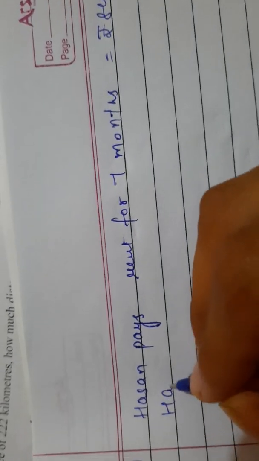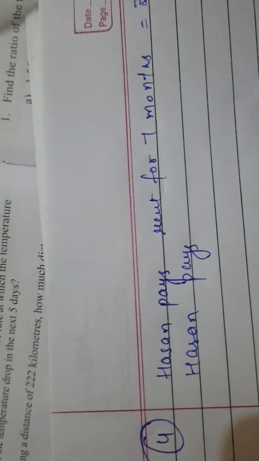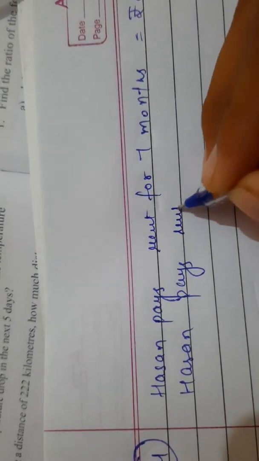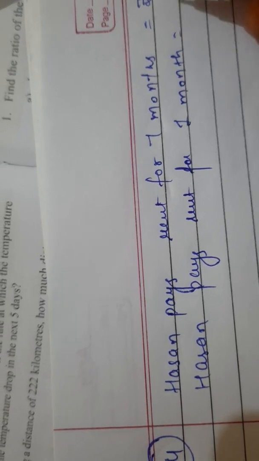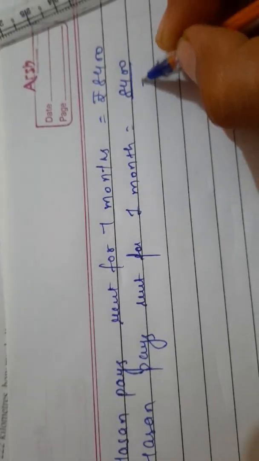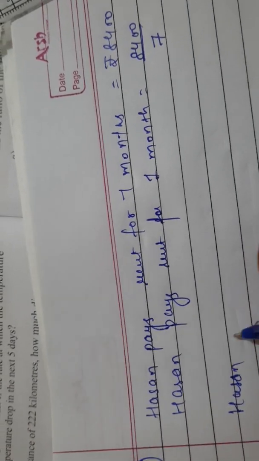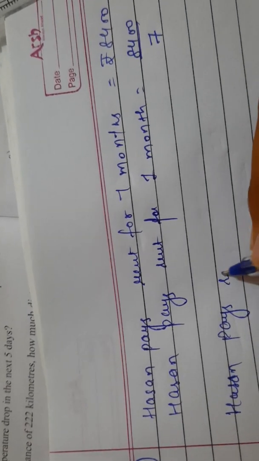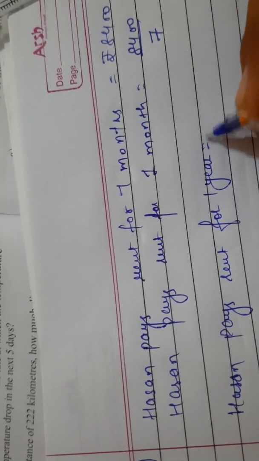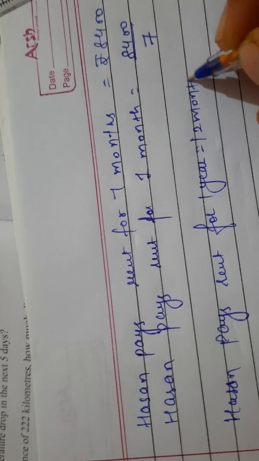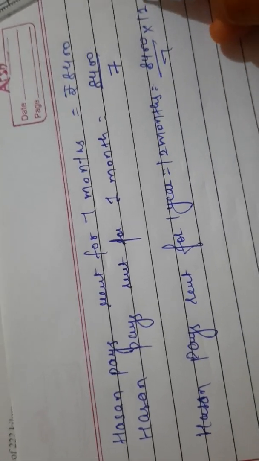Then write: Hassan pays rent for 1 month. We will divide 8400 upon 7. But we have to calculate Hassan's rent for 1 year, that is equal to 12 months: 8400 by 7 into 12.